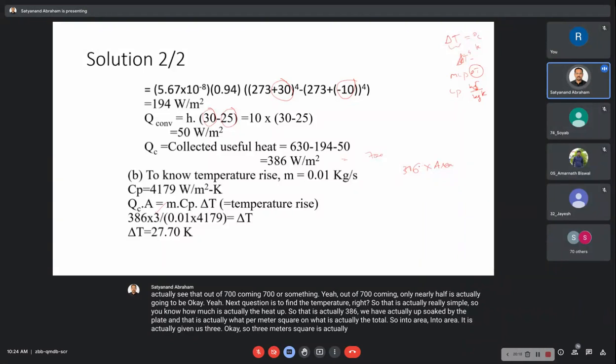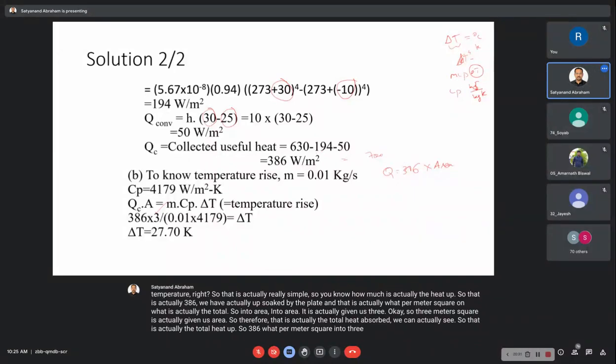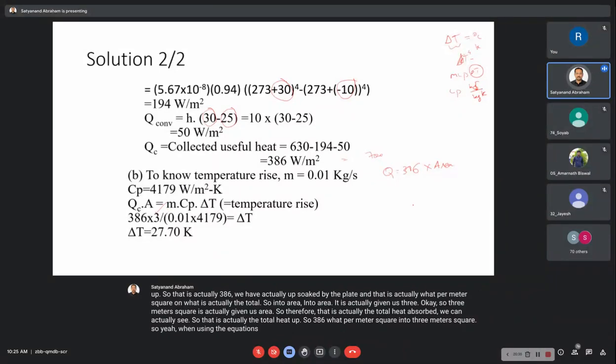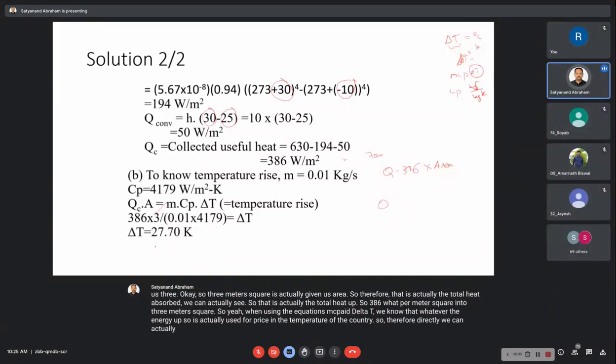So that is the total heat absorbed, 386 watt per meter square into 3 meter square. Then using the equation m Cp delta T, whatever energy is absorbed is used for the rise in temperature of the liquid. So directly we can get the temperature rise.